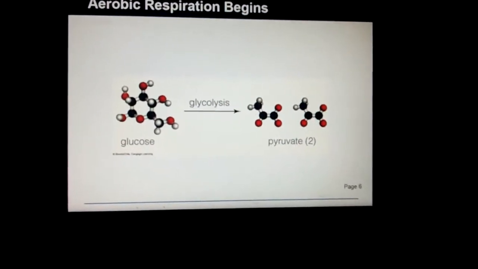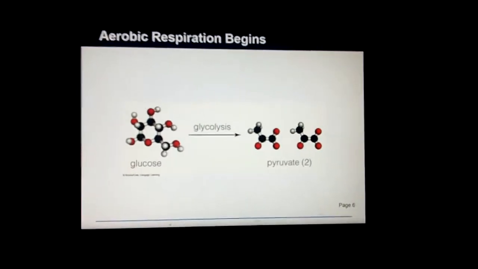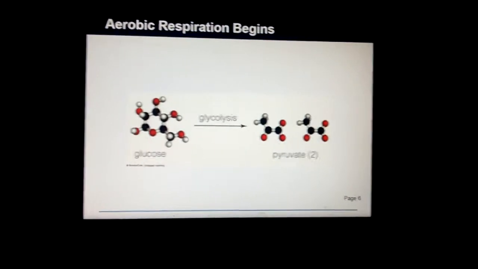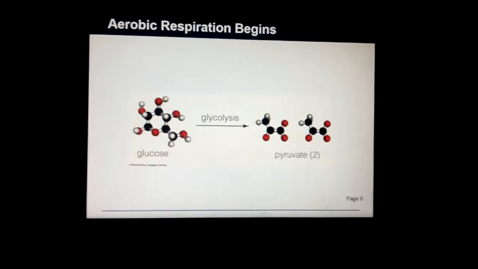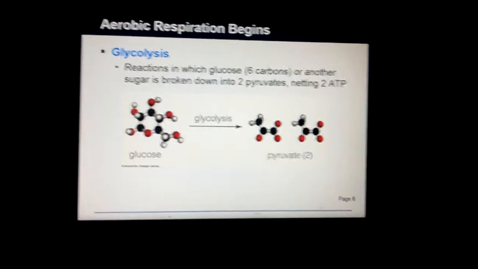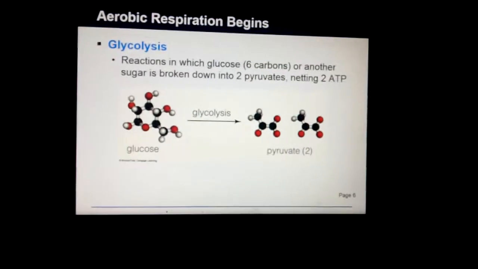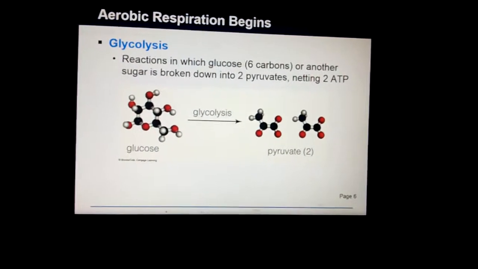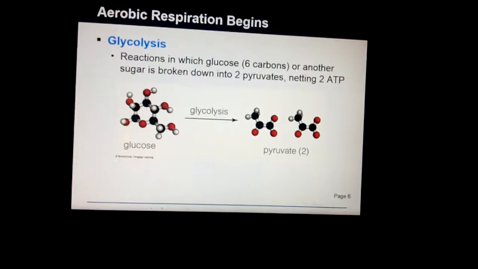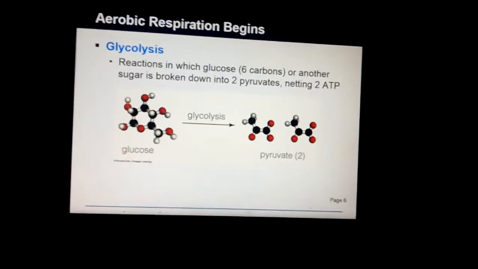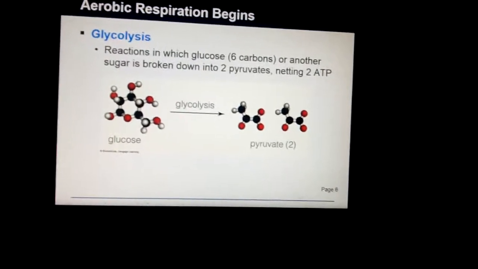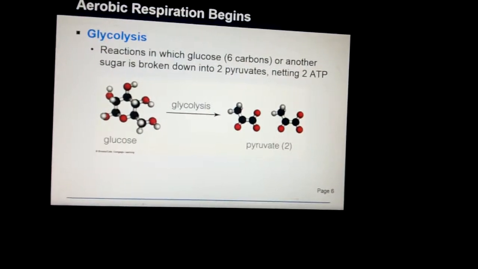Okay, glycolysis, the first metabolic pathway in this process, the major goal is to take one molecule of glucose, which consists of 6 carbon atoms, and this involves a series of metabolic reactions in which glucose is broken down eventually into an end product known as pyruvate or pyruvic acid.